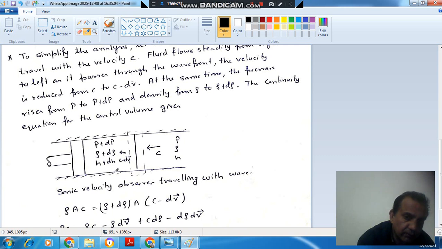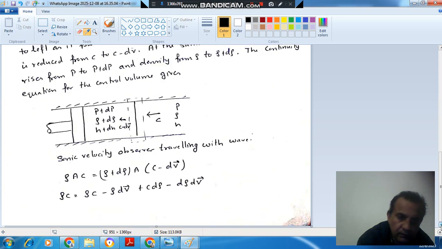Now we can apply the continuity equation. The continuity equation says mass flow rate is constant, so the mass flow entering the wave is rho A c, and the mass leaving the wave is rho plus d rho, into area, into c minus dv. If we solve it, A will cancel out, so here we have rho c, and here rho c, minus rho dv plus c d rho minus d rho dv.